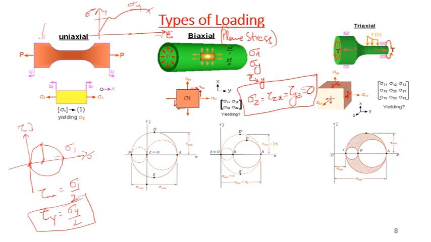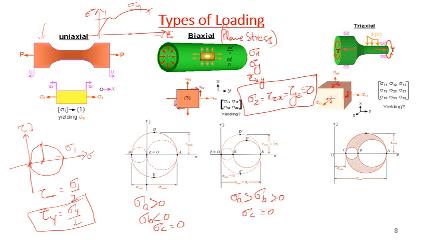So the Mohr circle can be like this. Two types of Mohr circle: one where sigma A and sigma B are both tensile and sigma C is 0. One case can be sigma A is tensile, sigma B is compressive, and sigma C is 0, right? That we discussed in chapter 7 as well.